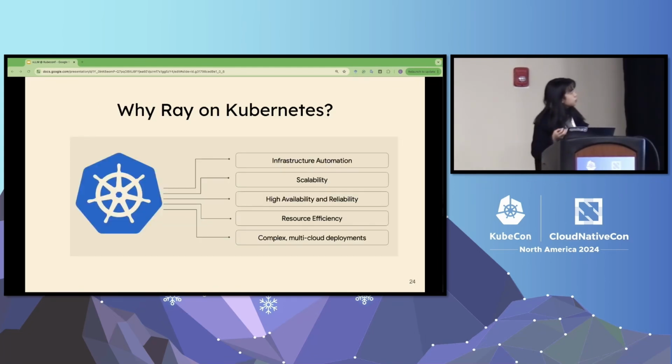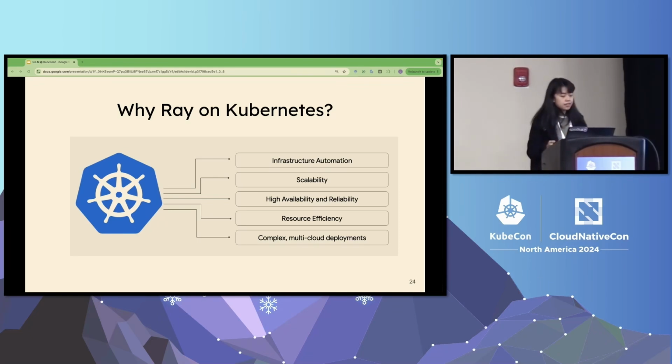So why do we want to use Ray on Kubernetes? I think the answer is kind of obvious. We want to leverage the benefits of Kubernetes. It has infrastructure automation: Kubernetes automates the deployment and scaling of containerized applications, reducing the manual effort required to set up and maintain the infrastructure.